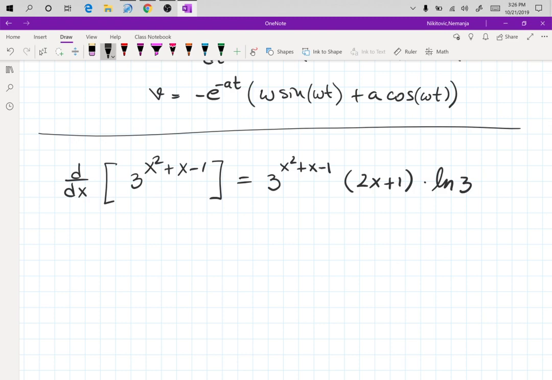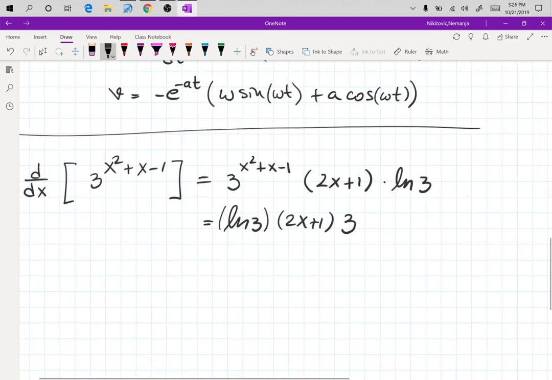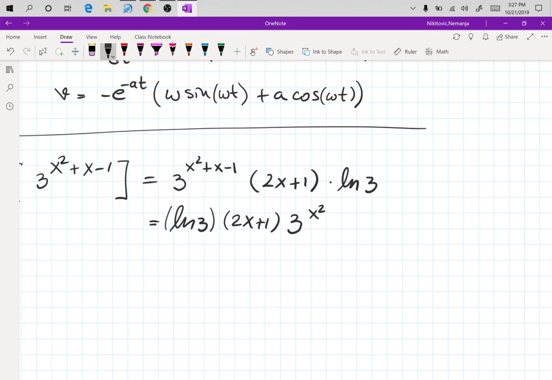And now you can just make it pretty by writing the constant ln 3 first, and then multiplying that by 2x plus 1, which is the linear term, and then everything times 3 to the x squared plus x minus 1. There we go.